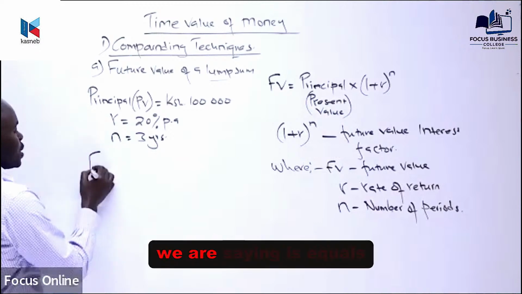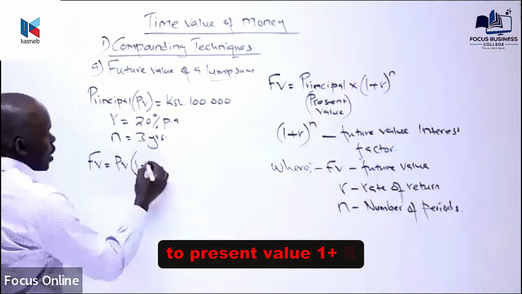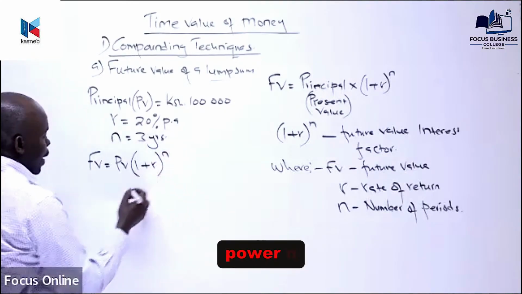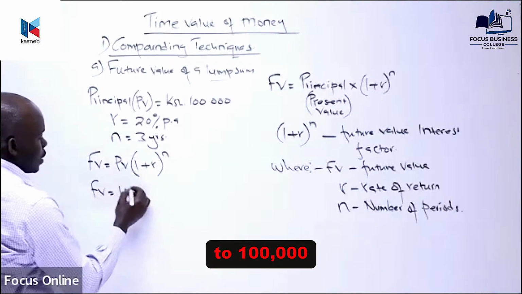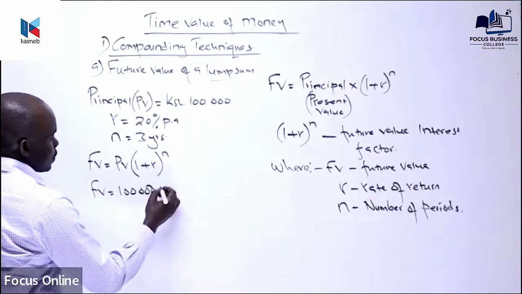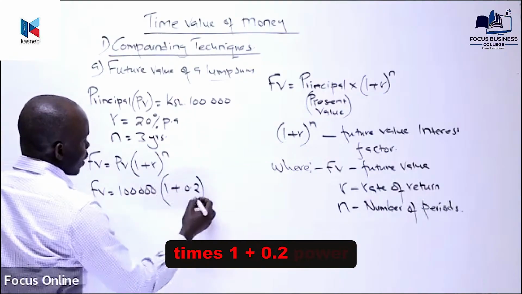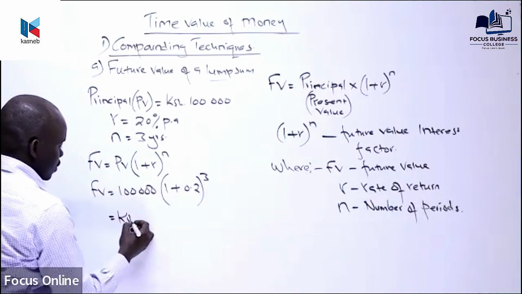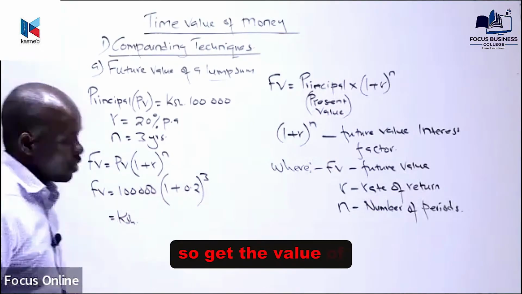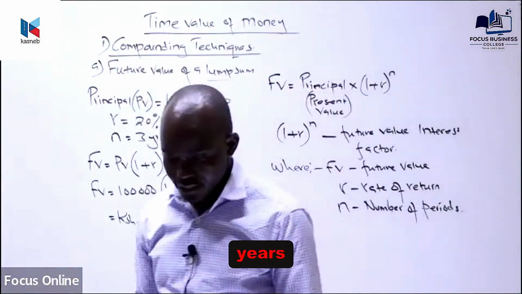So future value is equal to present value times 1 plus R power N. So future value is equal to 100,000 times 1 plus 0.2 power 3.